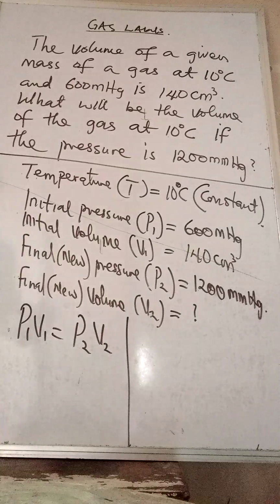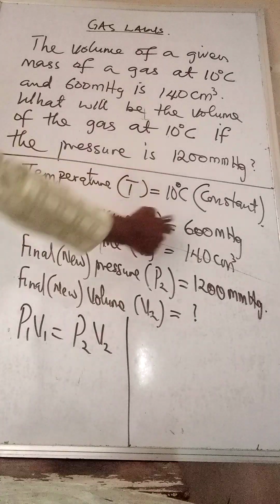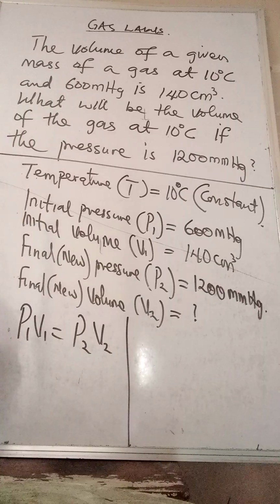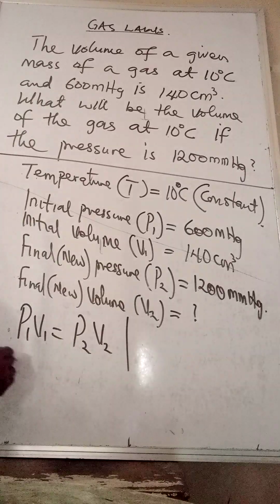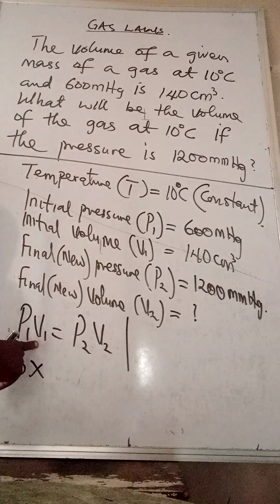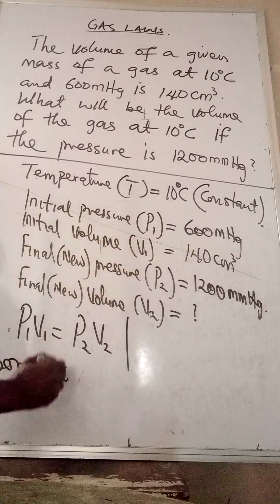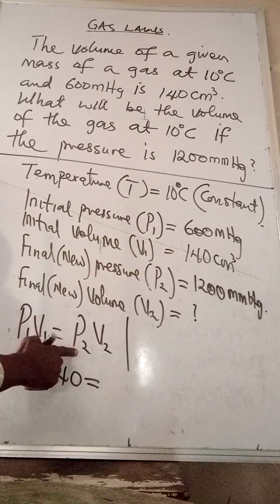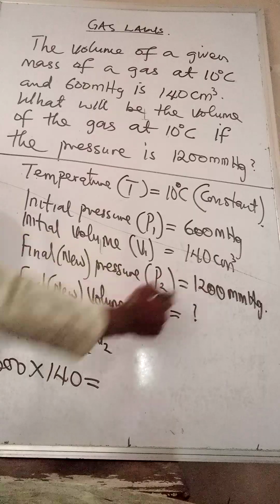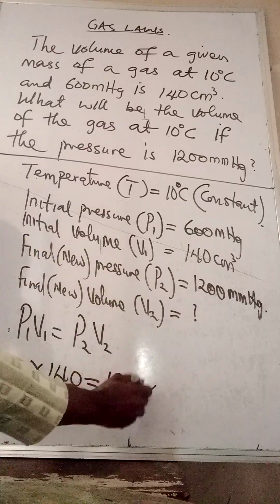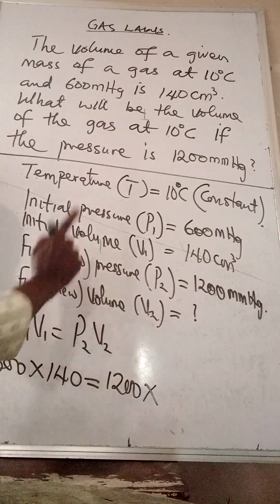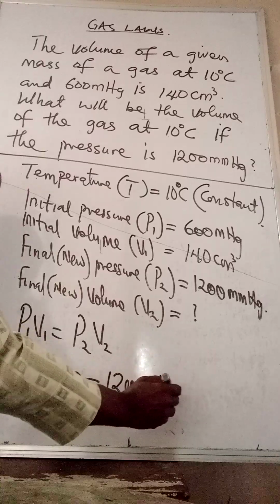By substitution, P1 is 600, that will be 600 times V1, which is the initial volume, 140, equals P2, the final pressure, 1200, times V2, which is the new volume we are looking for.